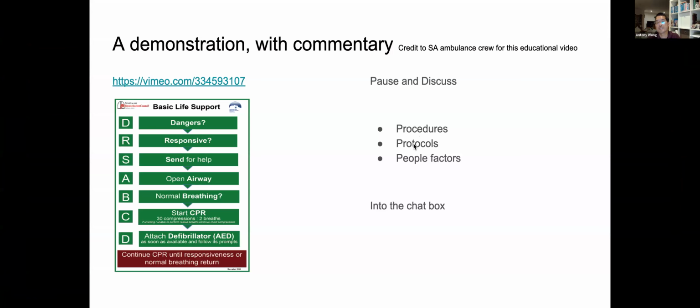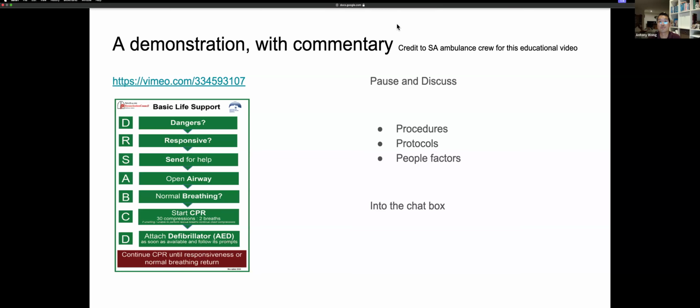Okay, so the procedures would involve a good effective CPR, being able to apply the AED and use it safely, basic airway management, and also insertion of an eye gel.